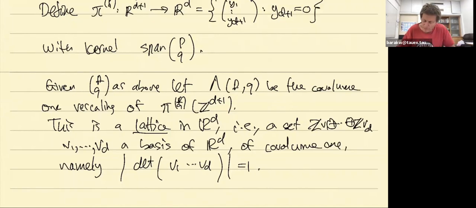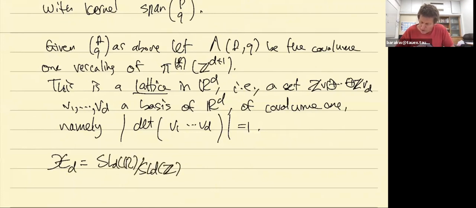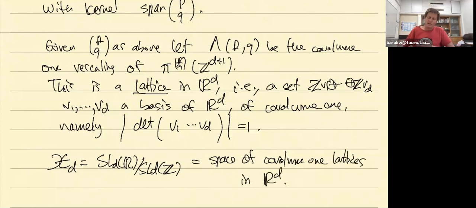So lambda lives in the space I'm going to denote by curly X sub d, the space which people study, SL_d(R) over SL_d(Z), which is the space of covolume 1 lattices. And this is a nice space.